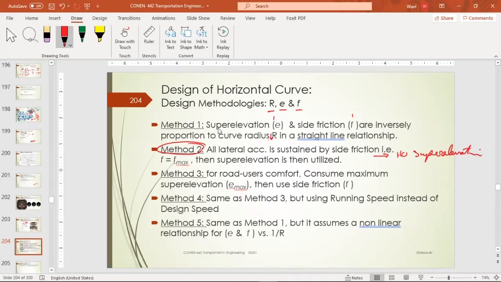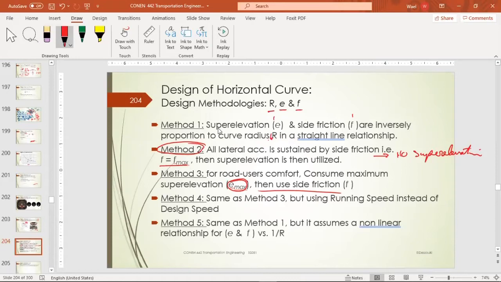In method 3, they try to use the maximum value for the side friction, then the remaining we take on the E, the super elevation. For method 3, for road users' comfort, we use the maximum super elevation. So here we use the E max, then we turn to the side friction to balance the turn.